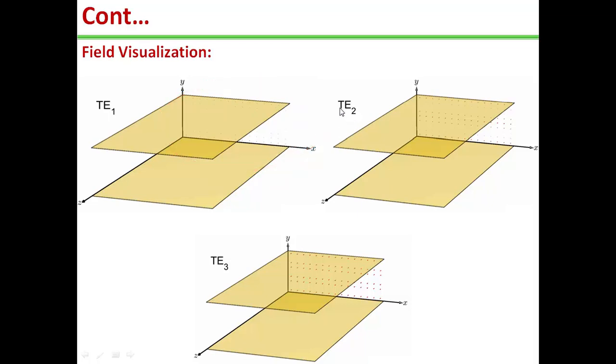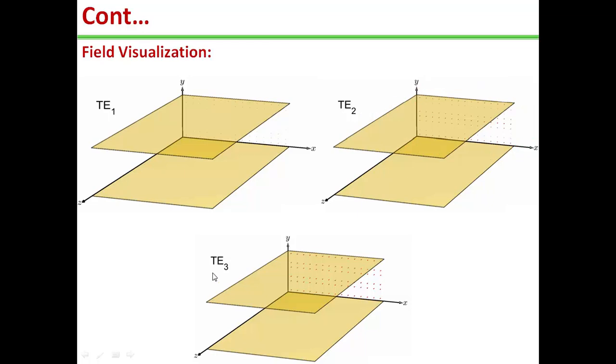Whereas in the TE2 mode, two half wave variations will be there along the z direction. So you can see here one half wave variation in between, and the quarter wave variation at the top plate and quarter wave variation at the bottom plate. So a total of two half wave variations is appearing along the z direction.